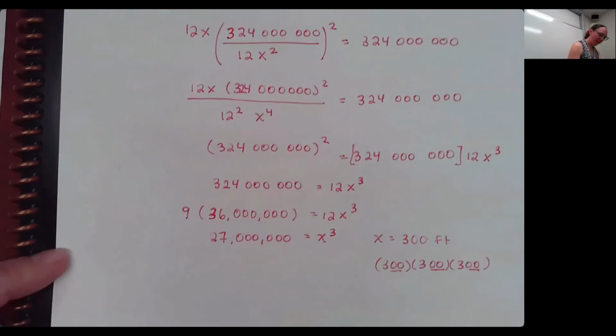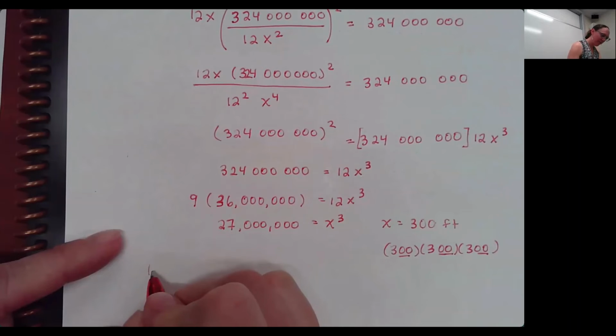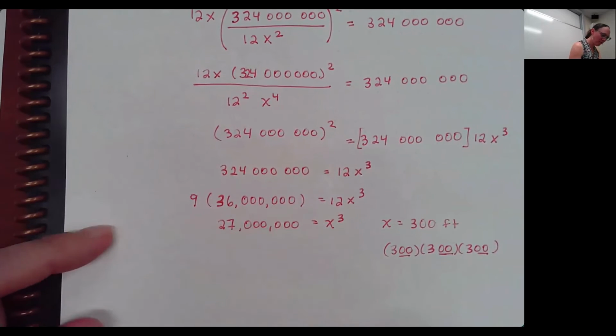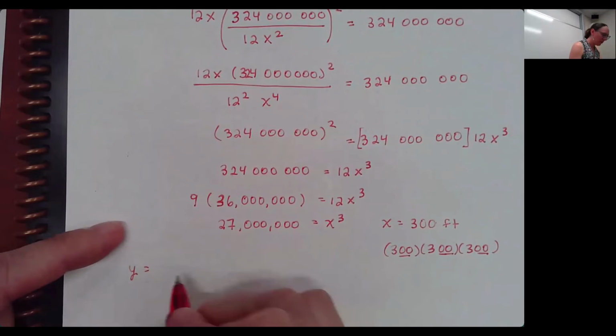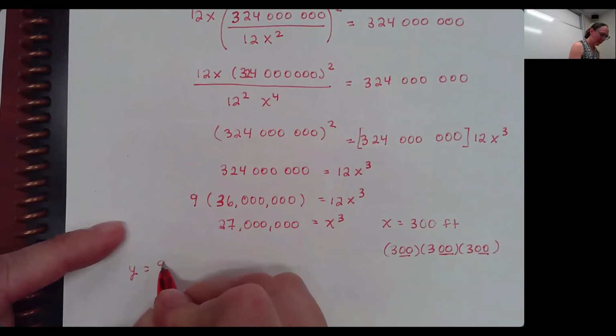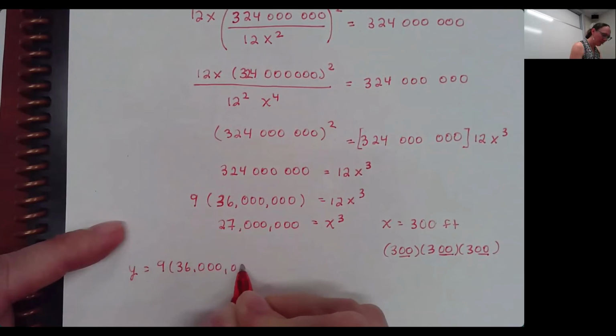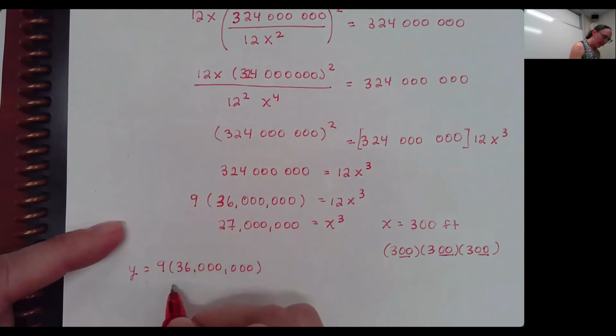So to get that Y value, I'd have Y equals 324 million, which I'm going to again write as 9 times 36 million, divided by 12x squared.